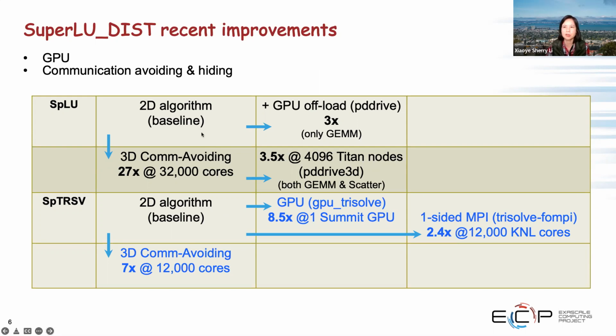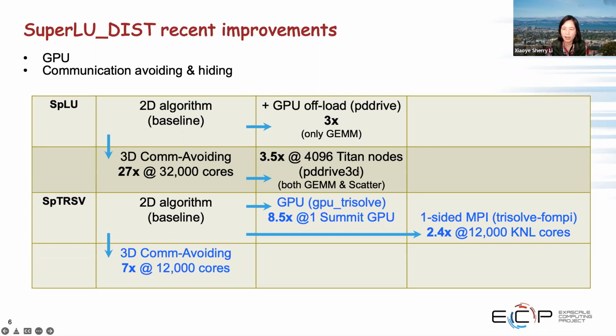Then after we added the GPU, just a GEMM offload, but the GEMM is very small in the sparse code, so you get some reasonable speedup. And then from the baseline, you go to communication avoiding, and you can get a lot more speedup on large scale machines. Then added on top of this, you add GPU, and you get some benefit.